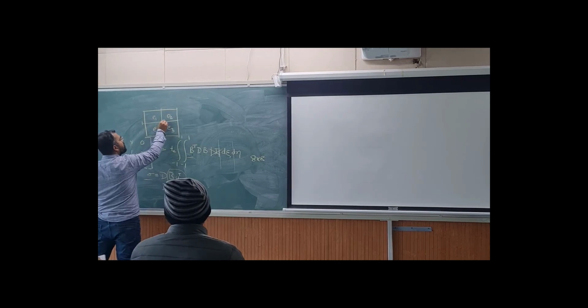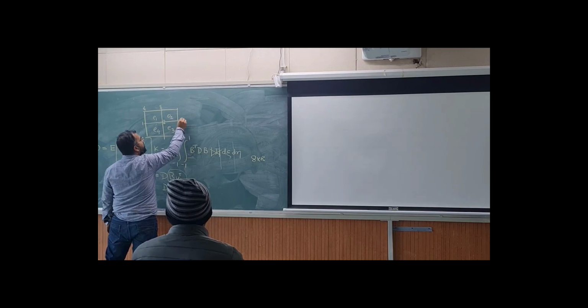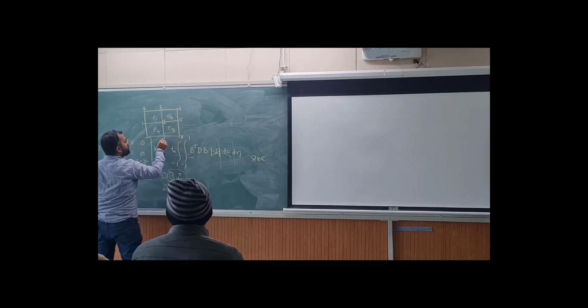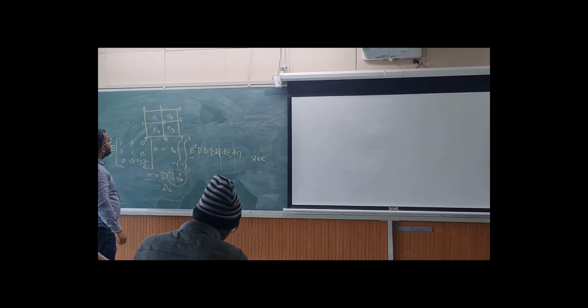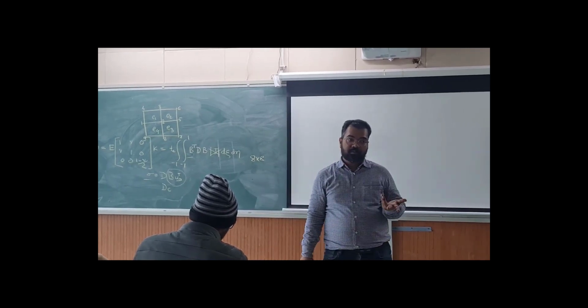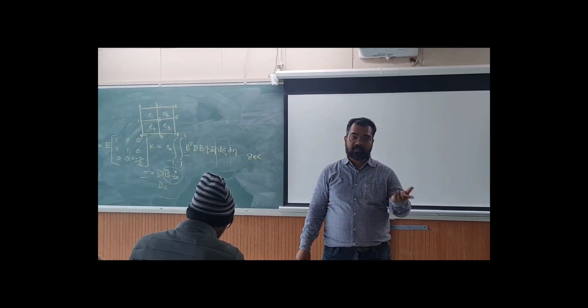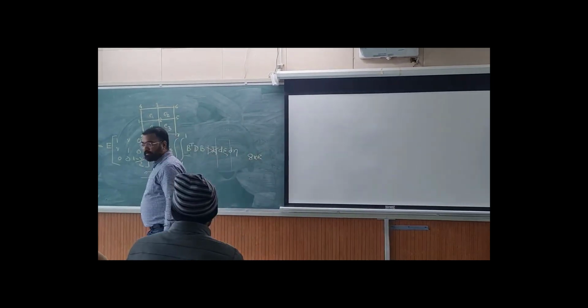So I have 1, 2, 3, 4, 5, 6, 7, 8, 9. I have a total of 9 nodes. So what will be the size of the displacement matrix? 18. So the stiffness matrix will be 18 cross 18. So this is happening for 4 elements.